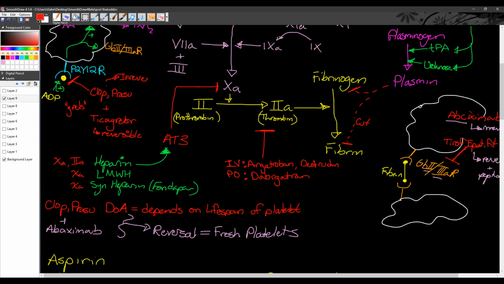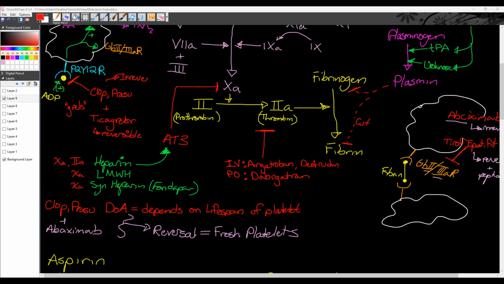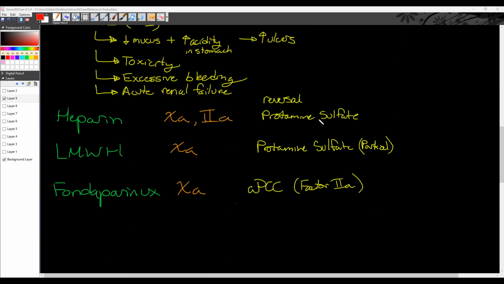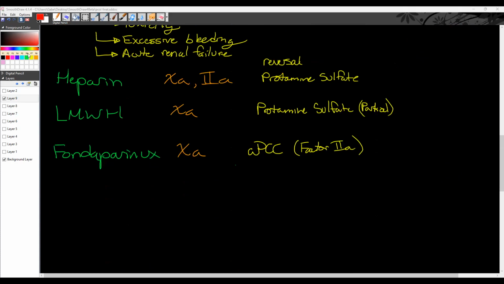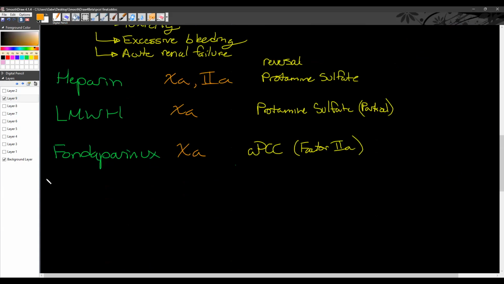Exactly. Fitting those into our groups here, we have our direct thrombin inhibitors, which are going to be working, of course, on 2A. And our reversal agents here are the same thing, right?